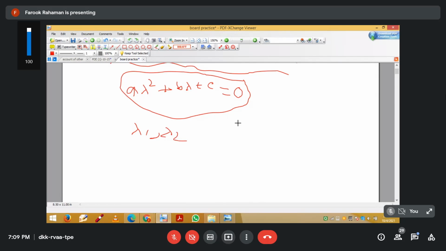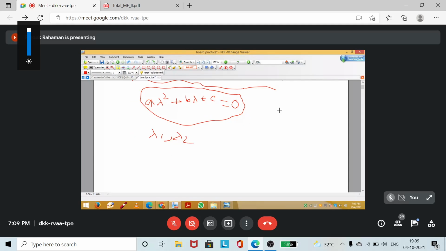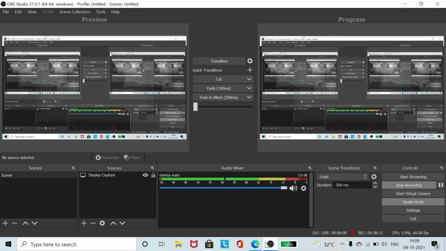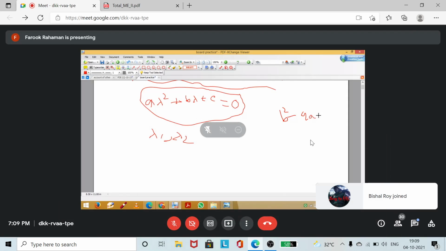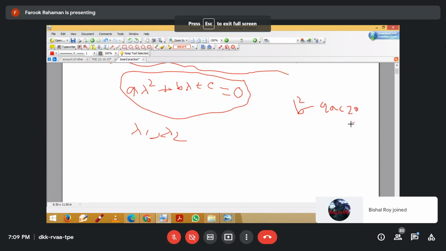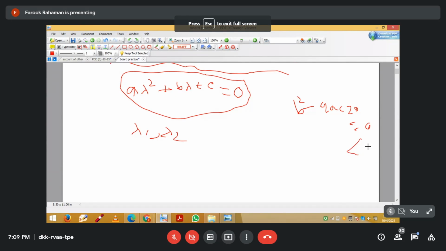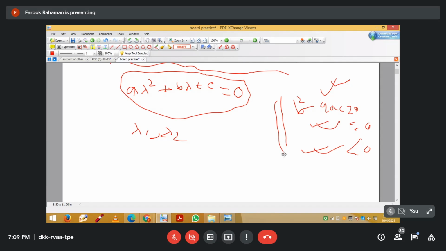The equation has three different forms, depending on whether b square minus 4ac is positive, equal to 0, or negative. If it is positive, we call it hyperbolic. If it is 0, we call it parabolic. If it is less than 0, we call it elliptic. So these are three different canonical forms.